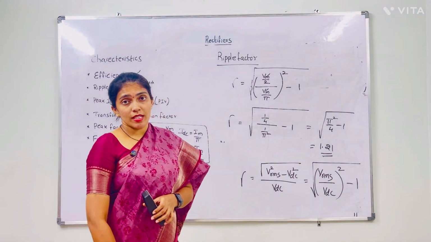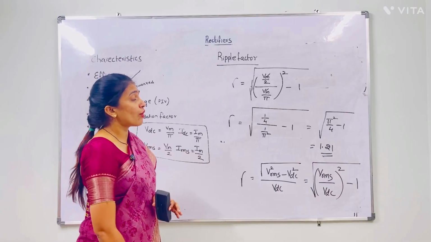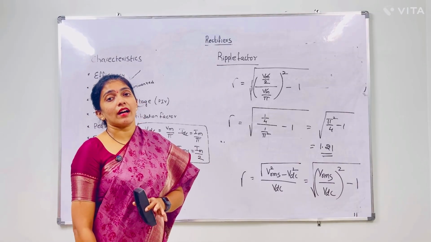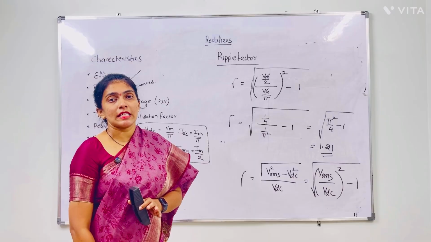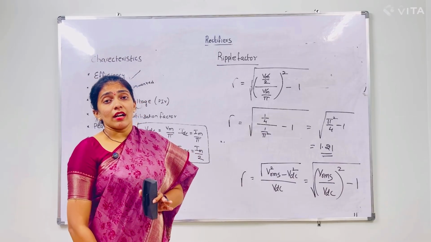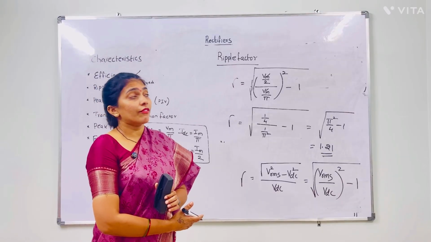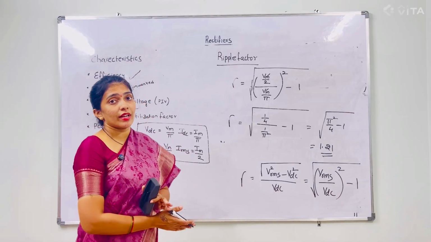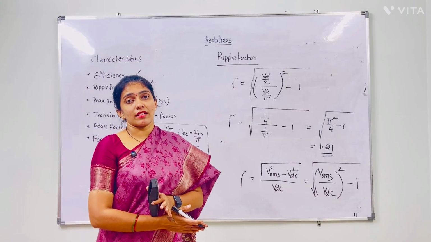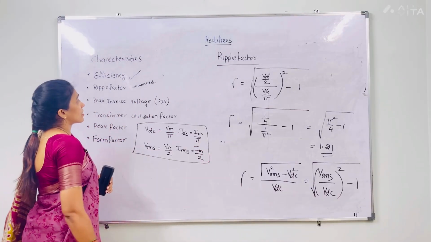In percentage, 121 percent unwanted AC components are present at the output side. For this reason also, we cannot use half wave rectifiers in practical applications.